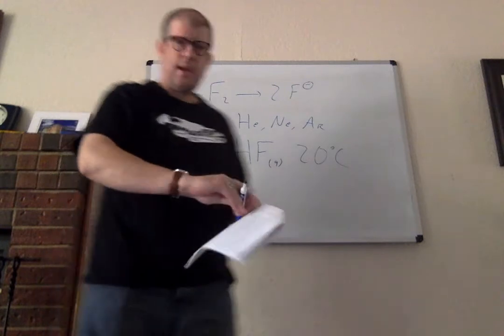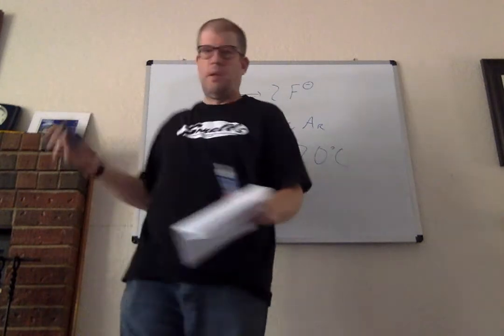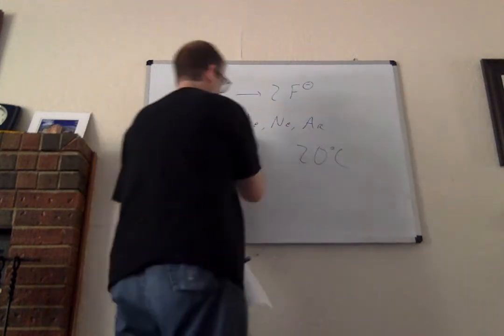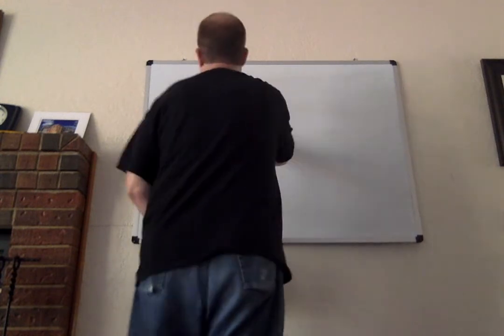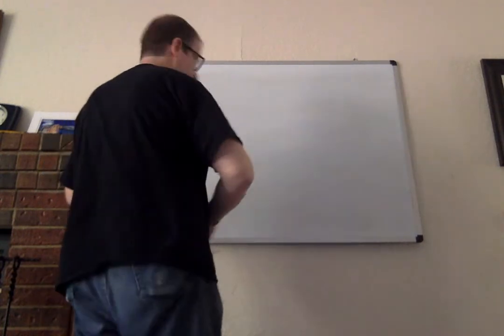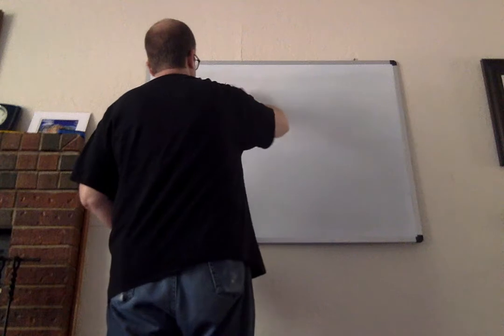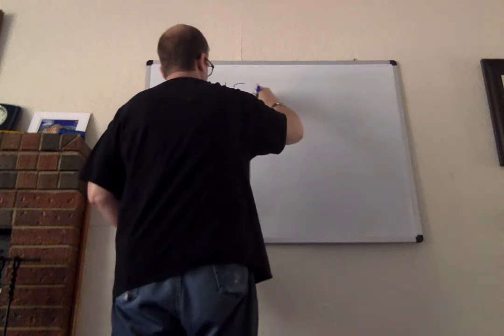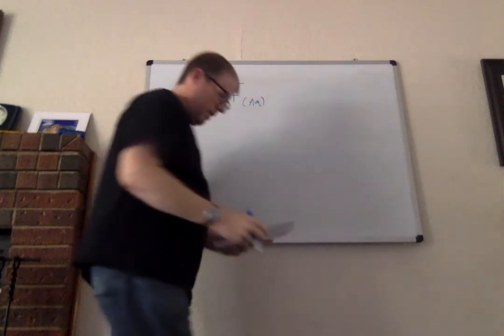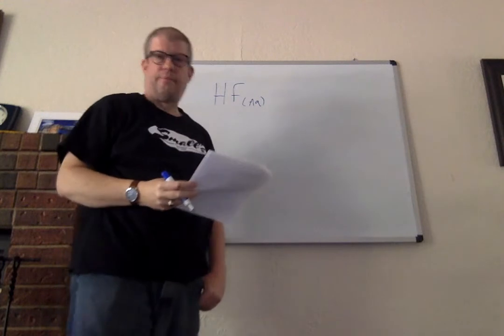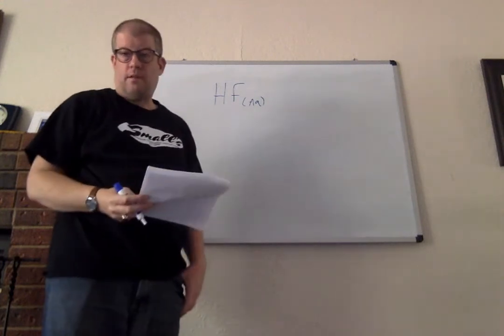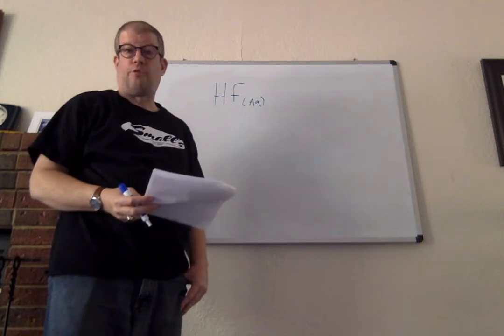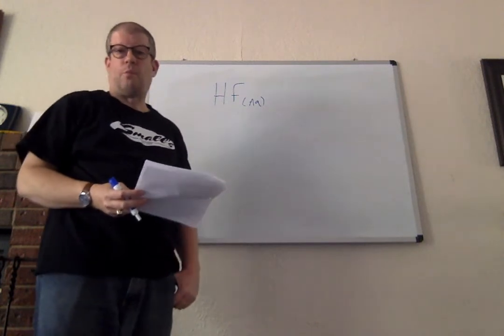So if we then take this stuff and bubble it through water, what we get is hydrofluoric acid. Now, all of the other hydrohalic acids, HCl, HBr, HI, are very strong acids and completely ionize in water.